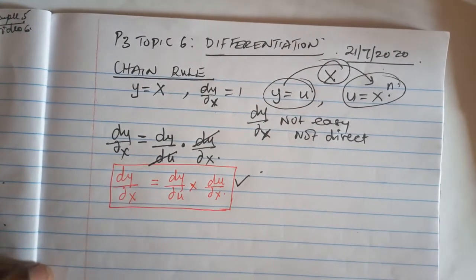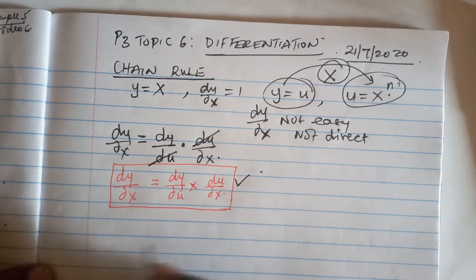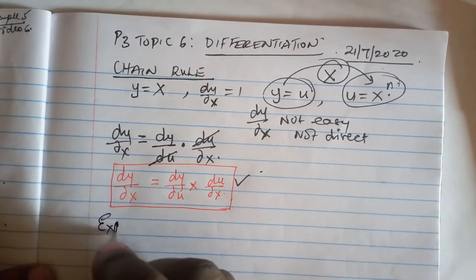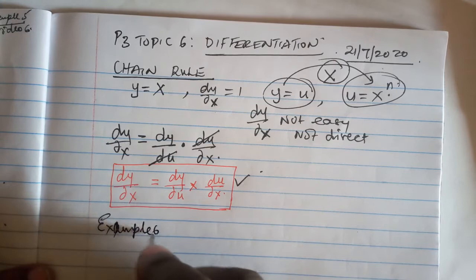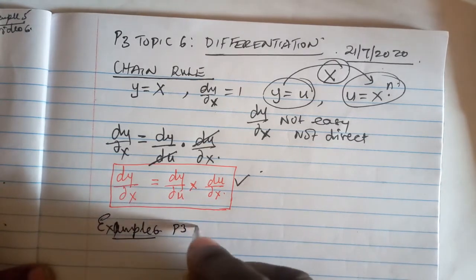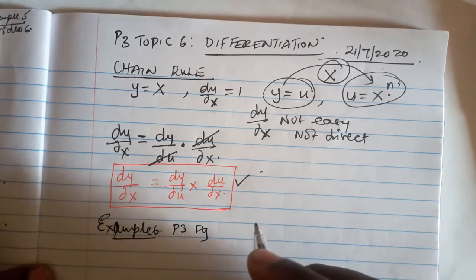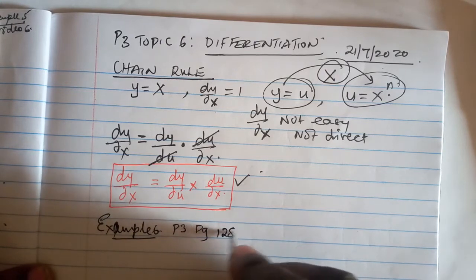I want us to use this to explain example 6 on P3, page 128.